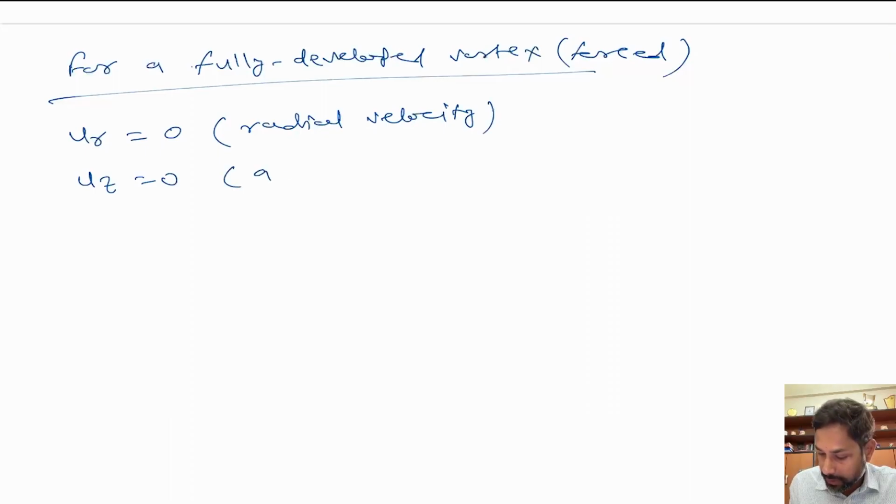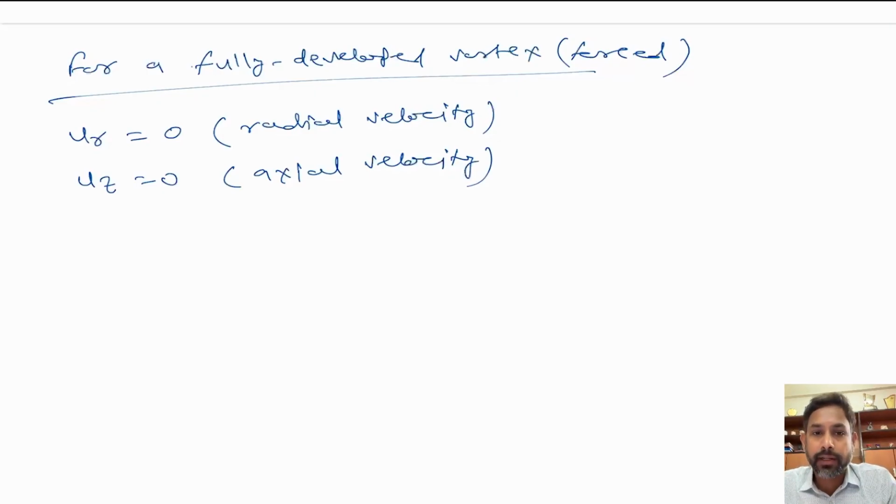Once the shape has formed and fluid is continuously rotating in the angular direction, there is no ur, because there is no transfer of mass from one radius to another radius, and also there is no transfer of mass in the vertical direction. That is why both the velocities in vertical and horizontal directions are 0.